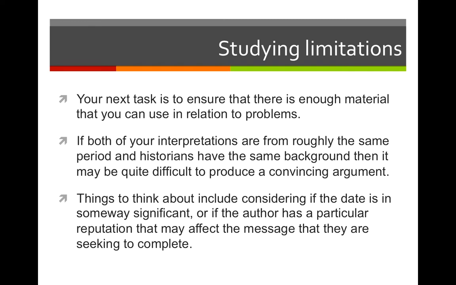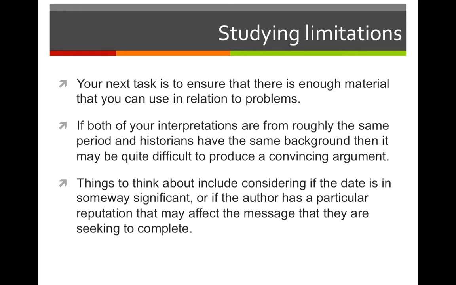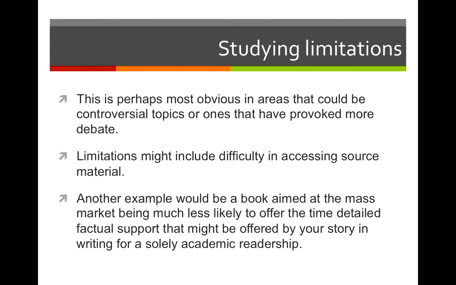And other things to think about, considering the date is important. If the author has a particular reputation, you do have to do a bit of digging. And perhaps more obvious is that there could be controversial topics or some that have provoked more debate. Limitations also could include difficulty in accessing source material.